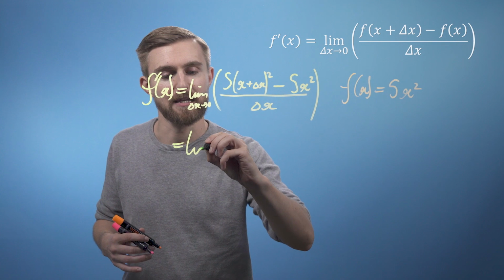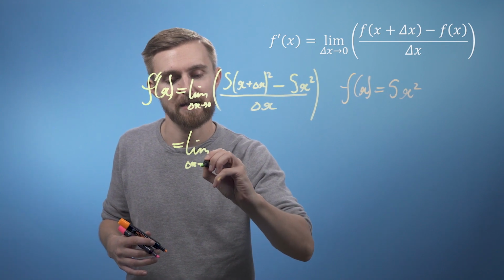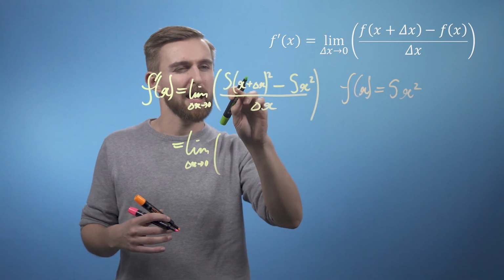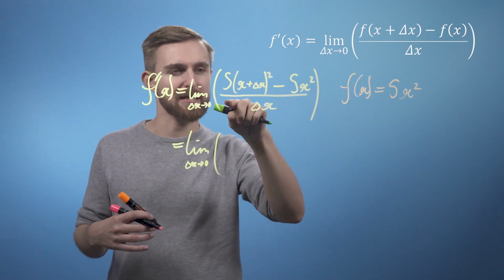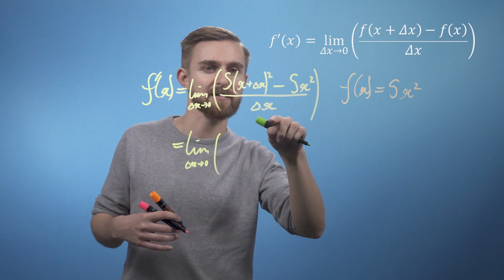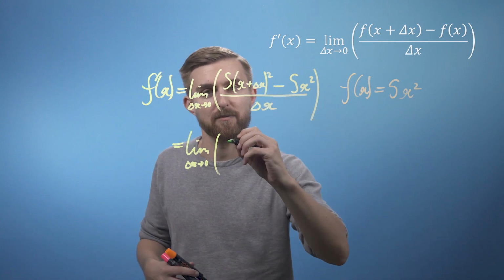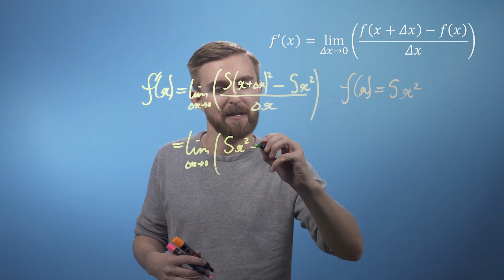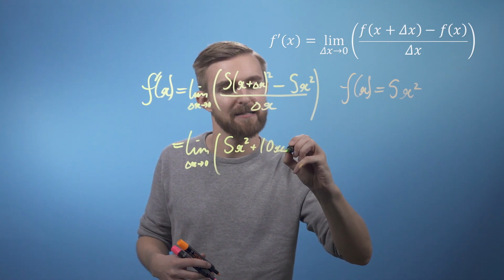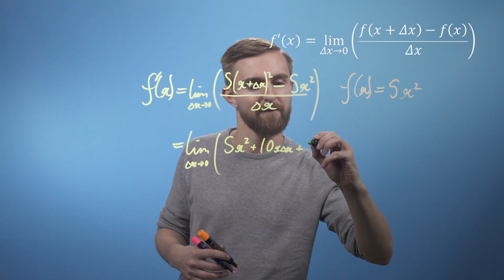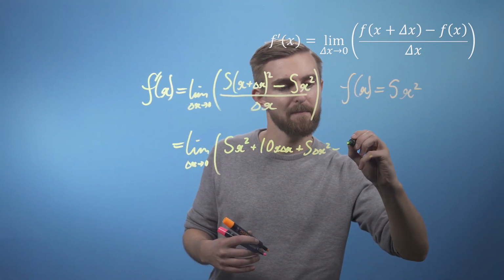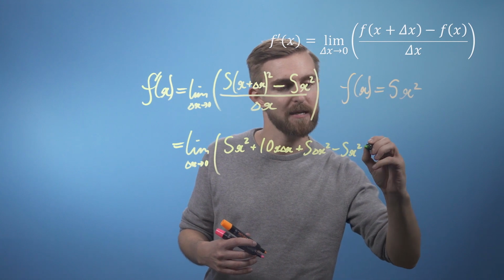So equals the limit, once again, as delta x goes to 0 of, and let's expand this thing out. So we're going to think (x plus delta x) squared, we're going to get x squared plus 2x delta x plus delta x squared. Which means we're going to get 5x squared plus 10x delta x plus 5 delta x squared. Once again, minus our 5x squared here.